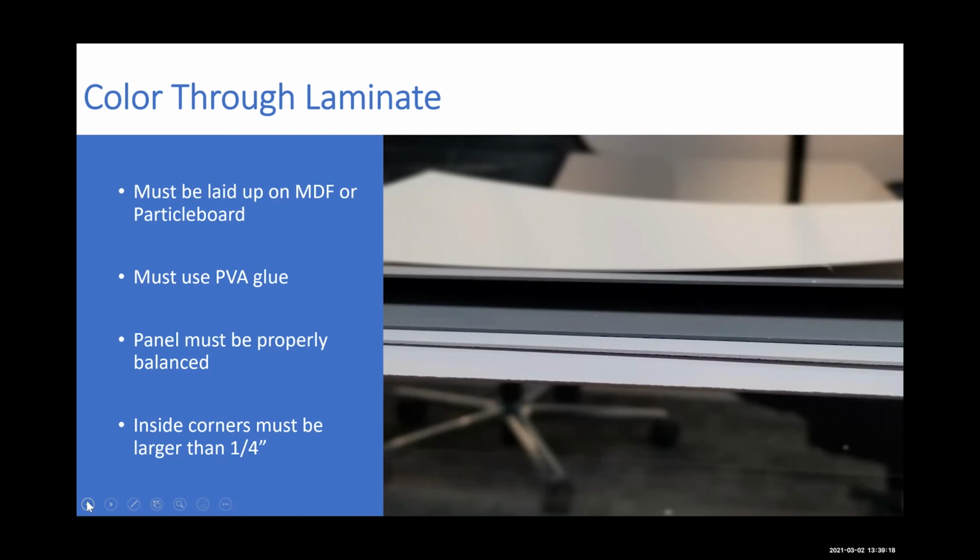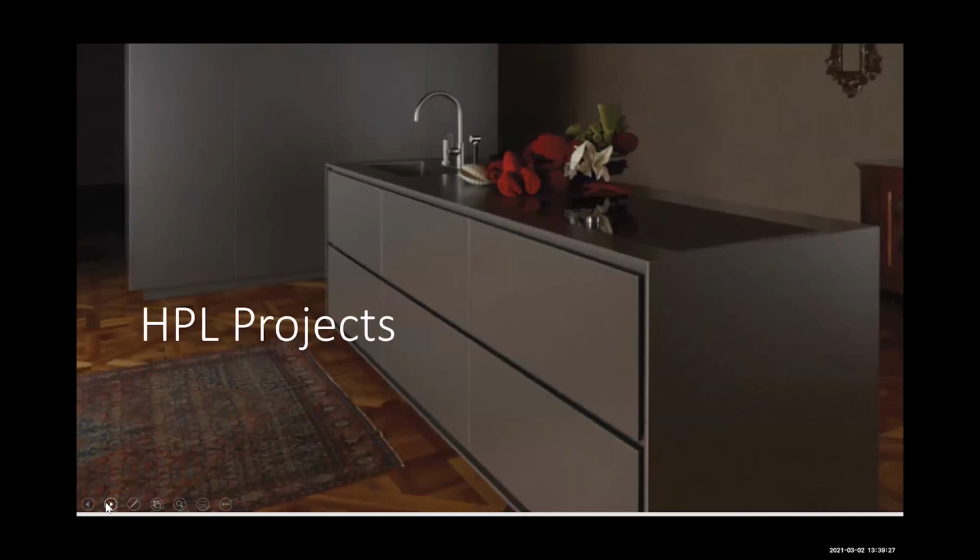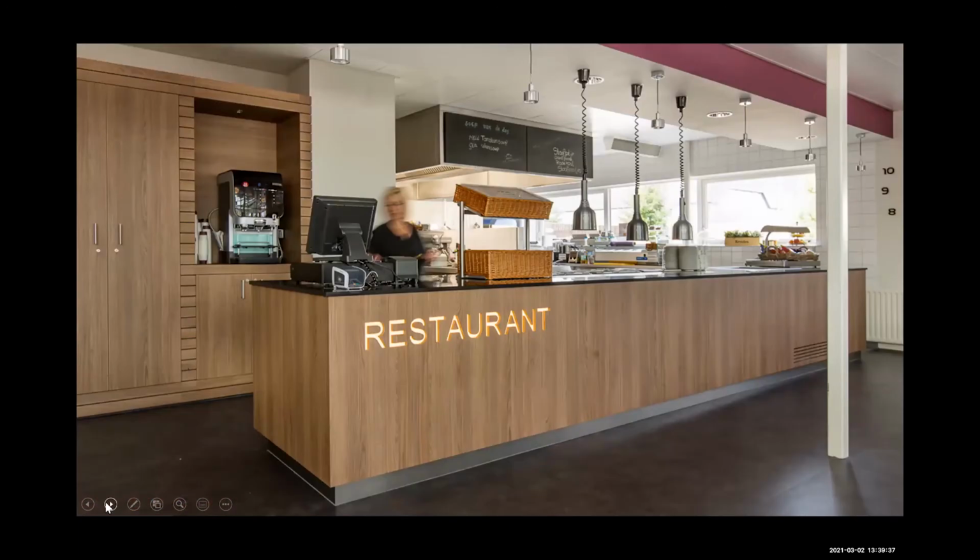And then our last section is we're going to review different types of projects where HPL has successfully been utilized. So the first one here, this is a restaurant. HPL is an excellent choice for use in restaurants. We need to go one more slide, Grayson. There we go.